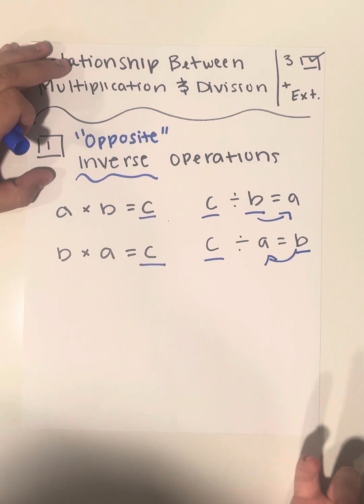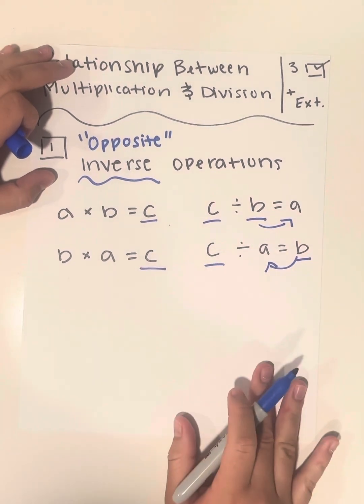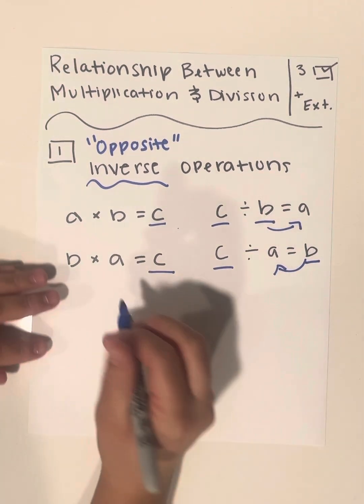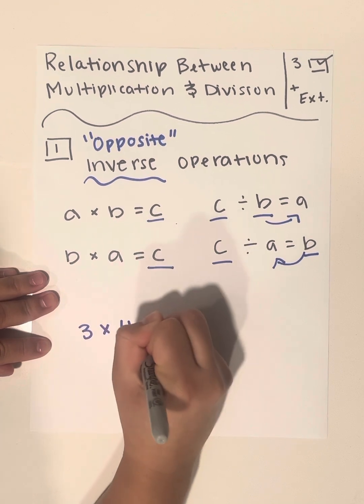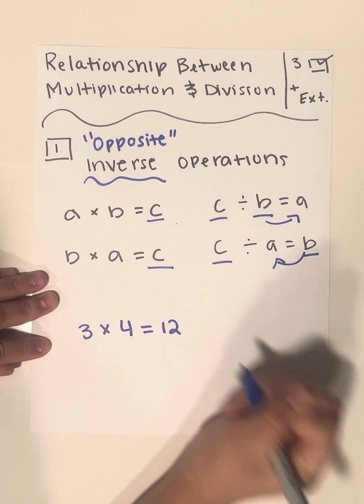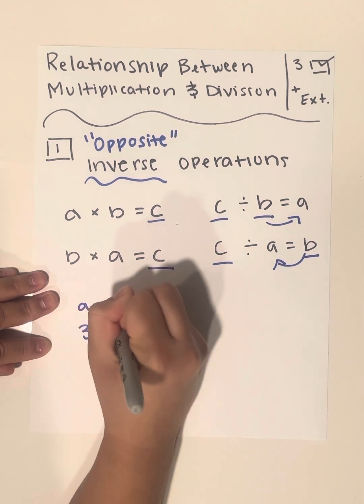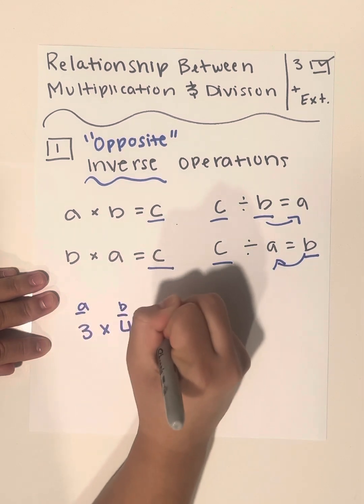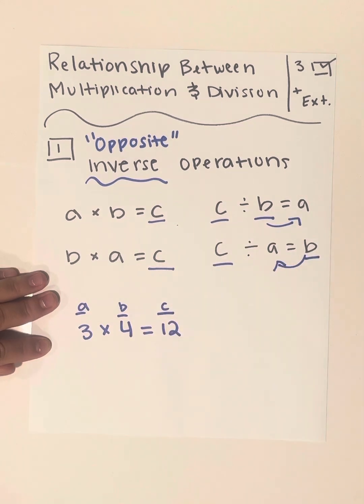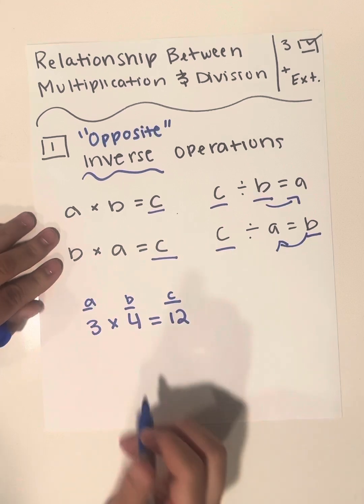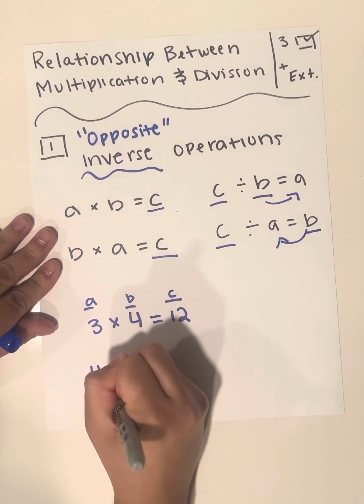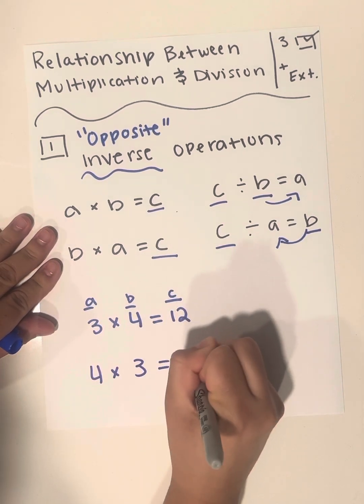So let's just go ahead and plug some numbers because I know this sounds a little bit confusing right now. Let's start with 3 times 4 is equal to 12. This is our A, this is our B, and then this is our C. If we switch this around, we see that 4 times 3 is equal to 12.